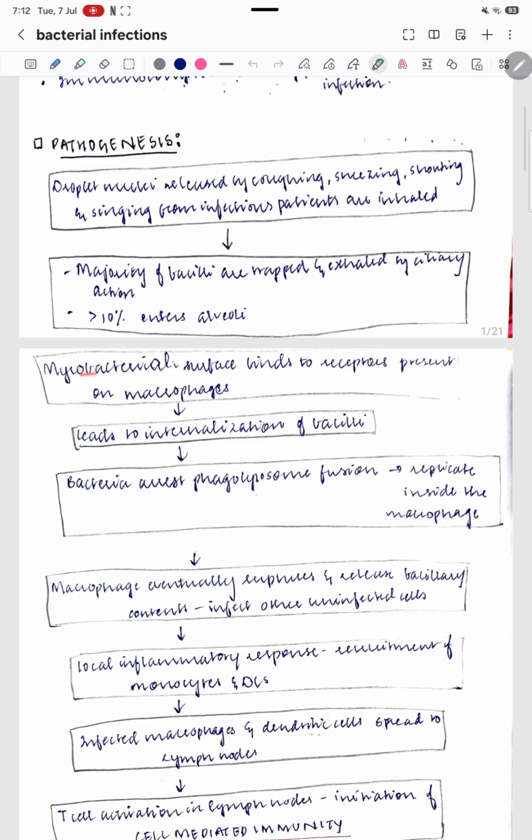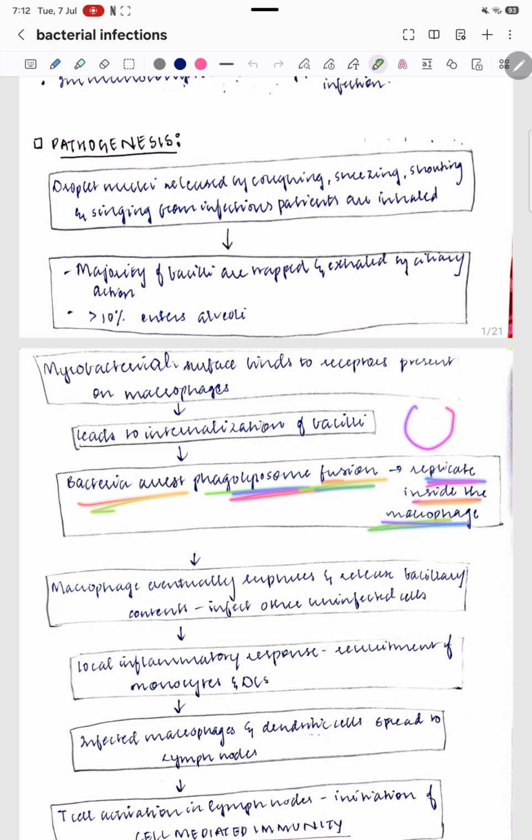Now the mycobacterial surface binds receptors present on macrophages, which leads to internalization of the bacilli. The bacteria arrest phagolysosome fusion and replicate inside the macrophage.